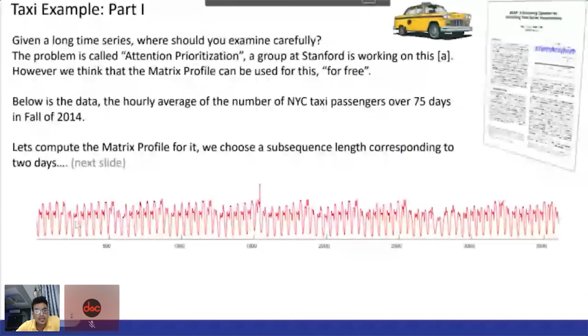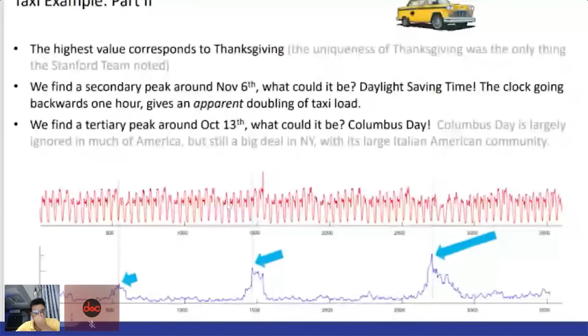Let's say we convert this into a matrix profile, now this is what we get. How can we interpret this? The first thing that you notice here is that this is at 500, this is at 1,500, this is at 2,700 approximately, right? So after every around 1,000 to 1,200 data points, this pattern is repeated here, here, and here.